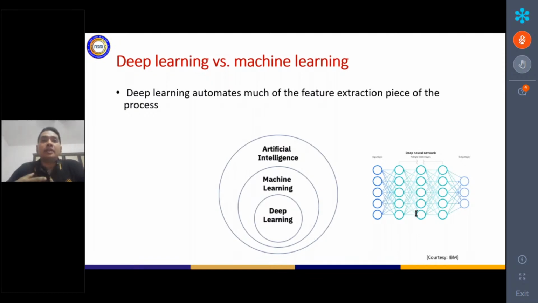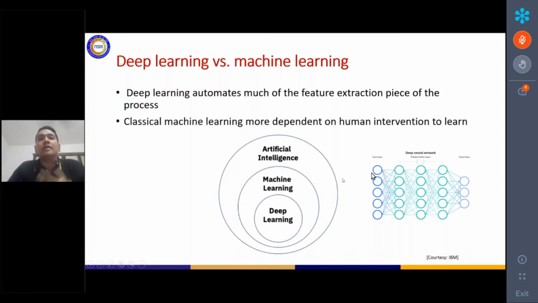That is mostly automated because it does not need human intervention as much as classical machine learning needs human dependence, right? That is the difference between these two concepts. But again, deep learning is a subset of machine learning, as you can see here, right?